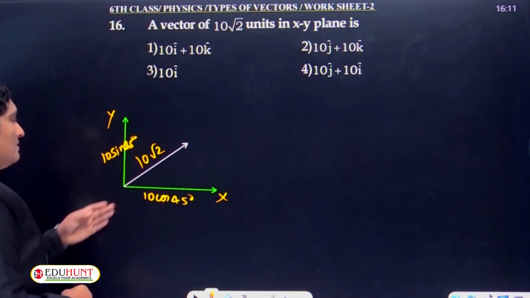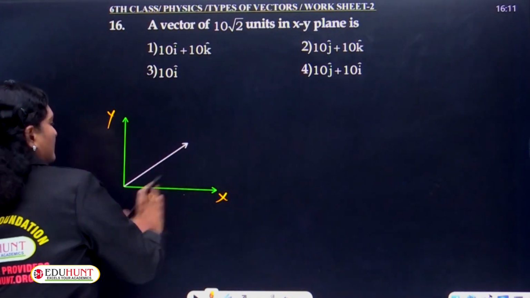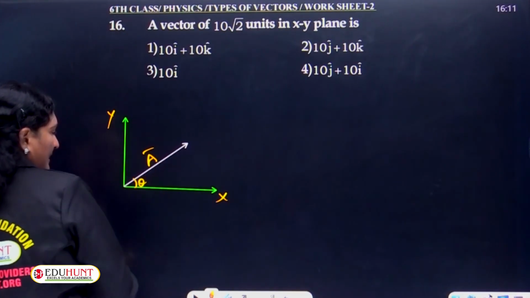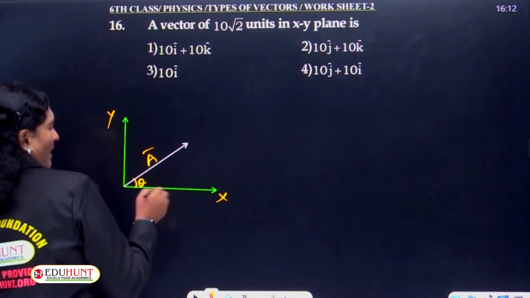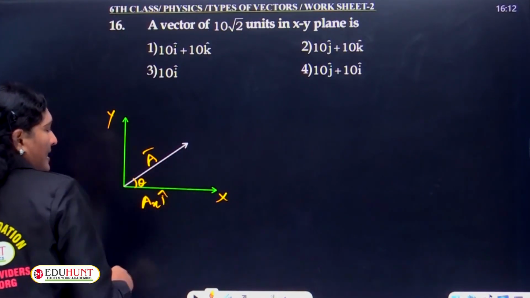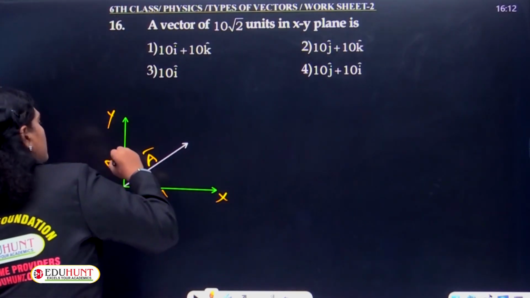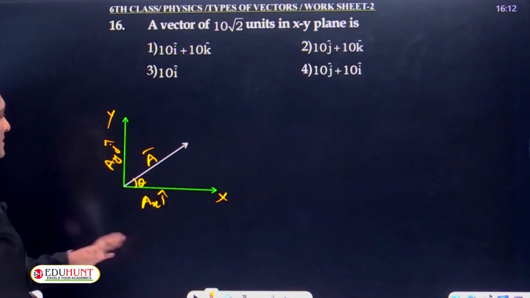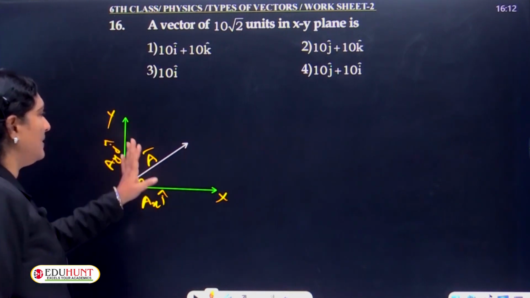So actually, if A bar is any vector, then its components making an angle theta are given as Ax along i cap, along the x-axis, Ax i cap, and here it is Ay j cap. So the magnitude must be 10 root 2.